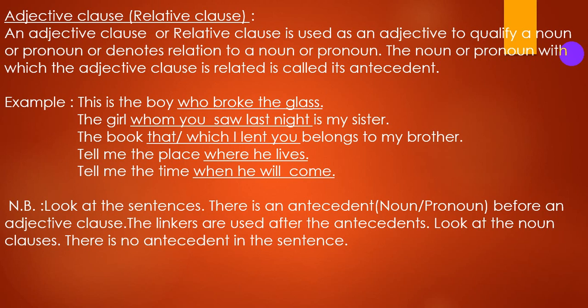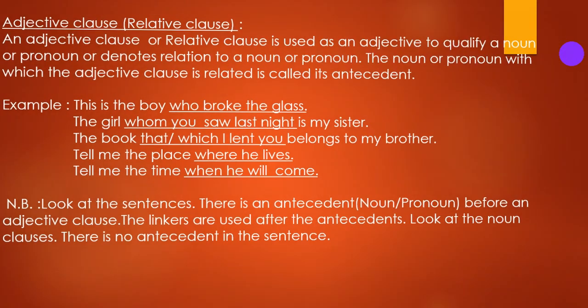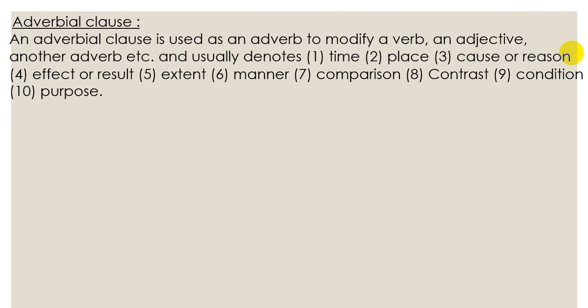Look at the sentences. There is an antecedent noun or pronoun before an adjective clause. The linkers are used after the antecedents. Look at the noun clauses. There is no antecedent in the sentences. Dear learners, now I will discuss adverbial clause.